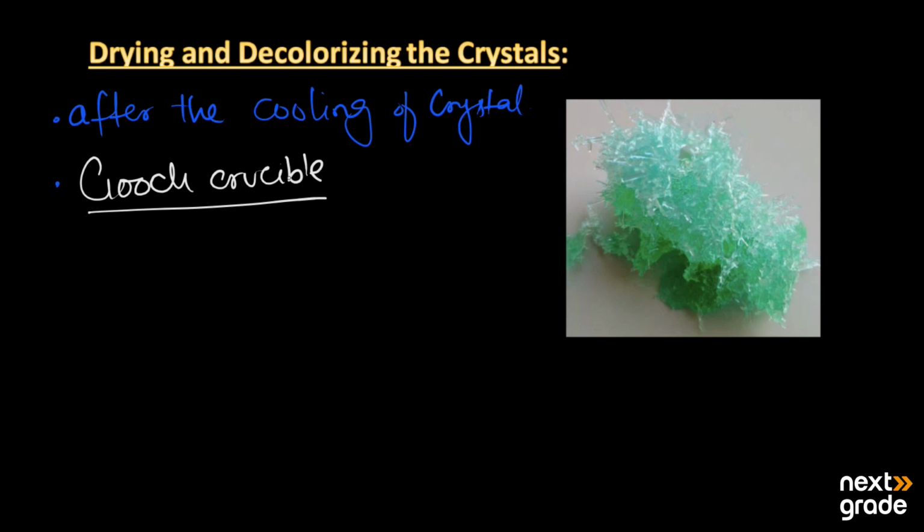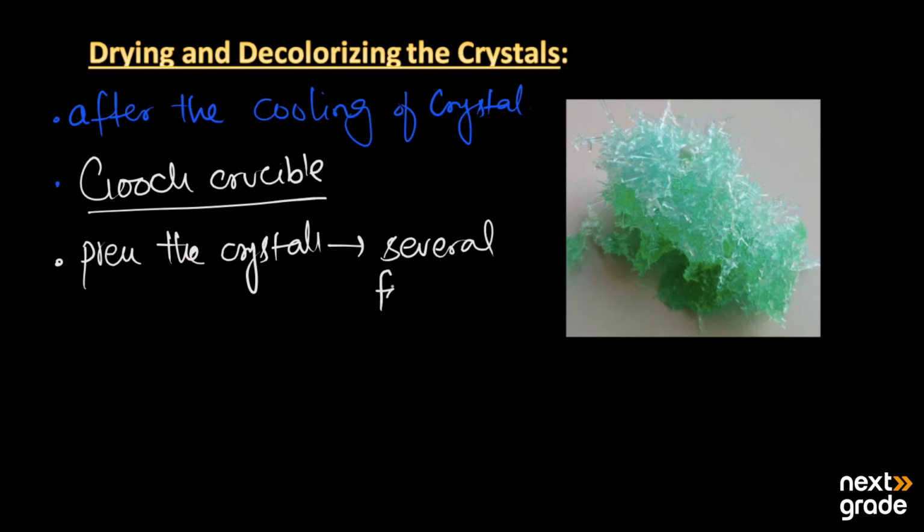Now when we gain the crystals, the next step is drying the crystals. For drying the crystals, we will press the crystals gently under several folds of the filter paper. For example, here we have the filter paper, and over there we have the crystals like this.